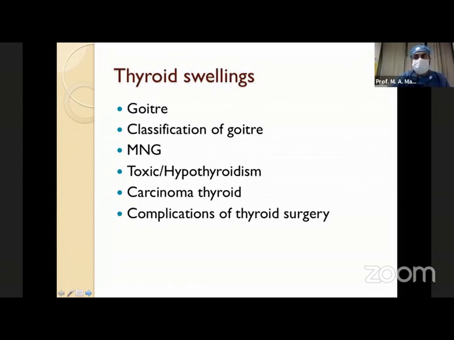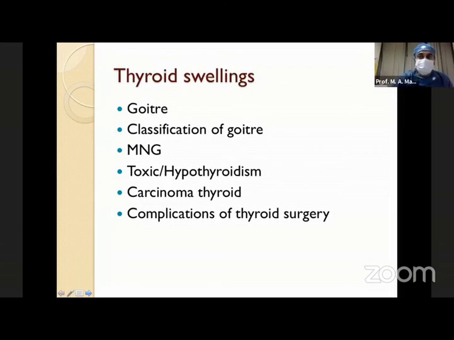Number two, follicular carcinoma. Number three, medullary carcinoma of the thyroid gland. Papillary and follicular carcinoma arise from the thyroid follicular cells, and medullary carcinoma comes from the parafollicular cells. And another is anaplastic carcinoma. So these are the four main types.